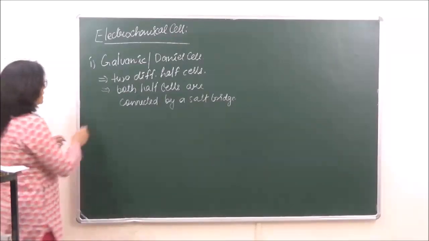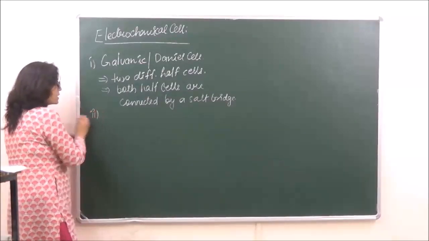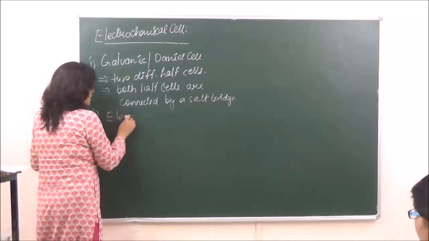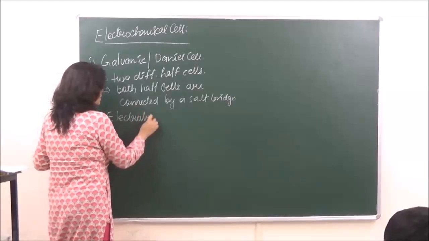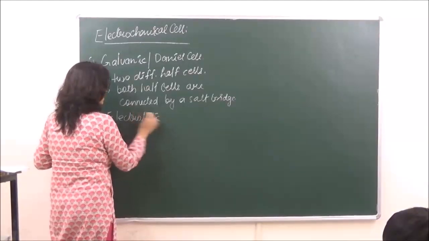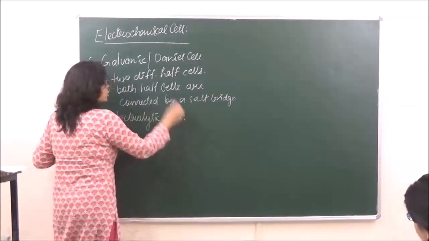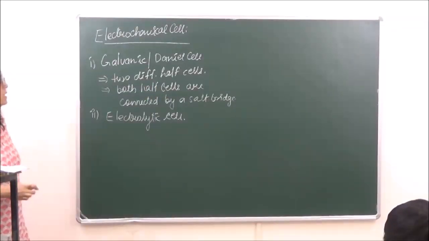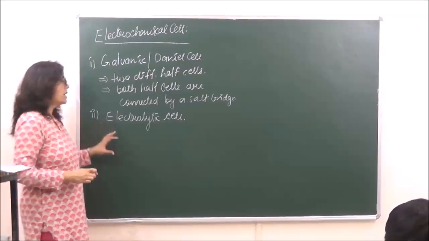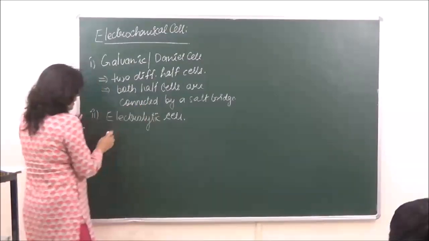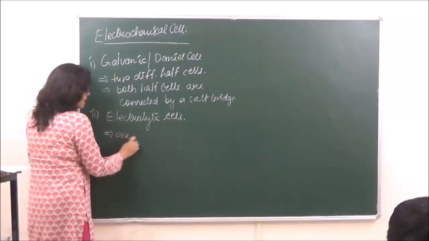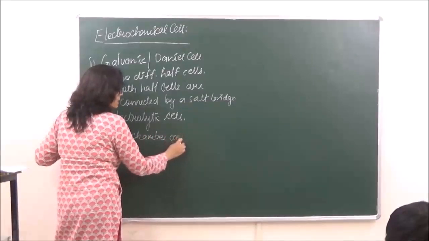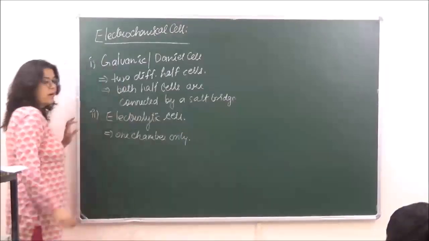The second type of electrochemical cell, which we discussed when we started the chapter, is known as the electrolytic cell. In an electrolytic cell, both the oxidation and reduction reactions take place in one chamber only. There are no different half cells present.